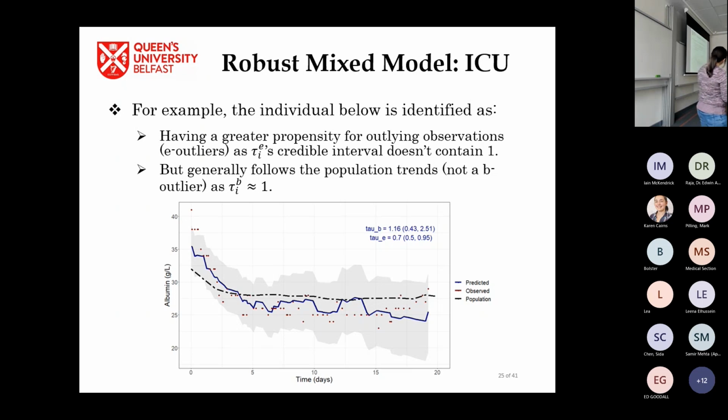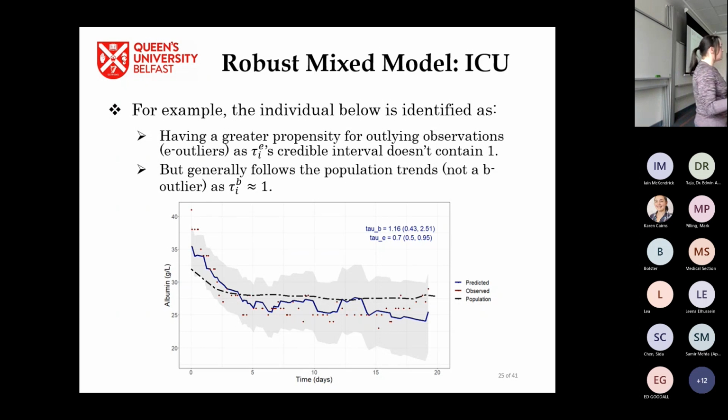If we look at their actual trend lines, given in the plot, the blue line is what we're predicting from the model, the red dots are the observed values, and the black dashed line is the population average. What we can see is that the individual does seem to follow the population trend, so they're not a B outlier. However, they do have some propensity for outlying observations. We can see some of the points at the start are outlying from what we would expect those individuals to have.